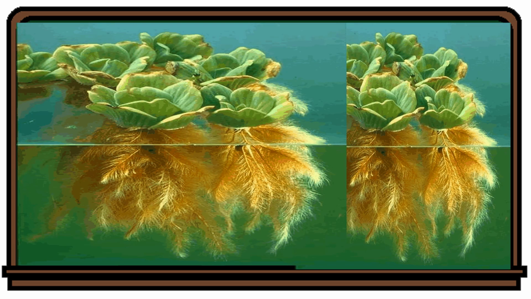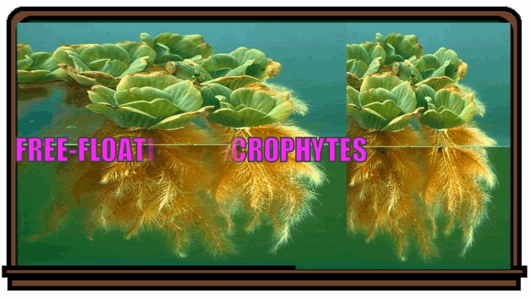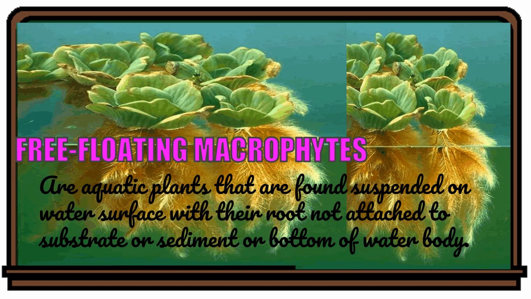Based on growth form, macrophytes can be characterized as free-floating macrophytes. These are aquatic plants that are found suspended on the water surface with the roots not attached to the substrate or sediment or bottom of the water body.